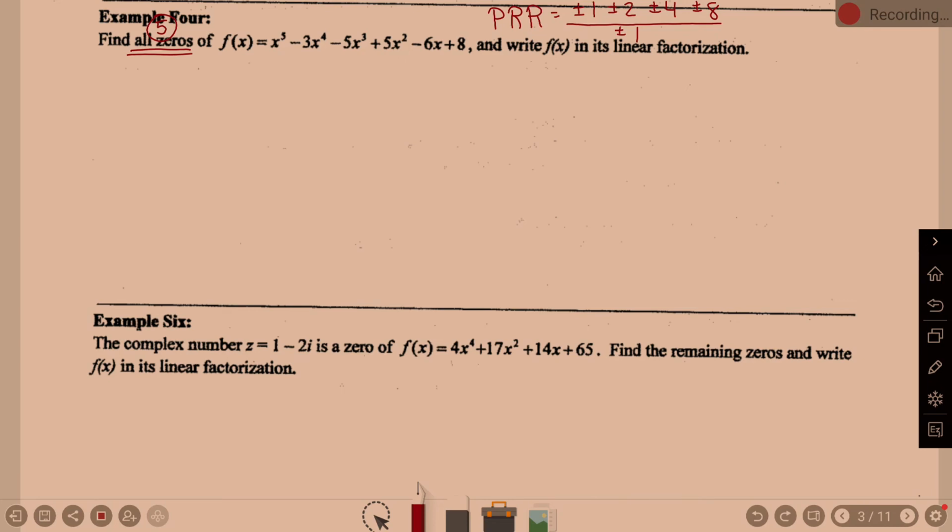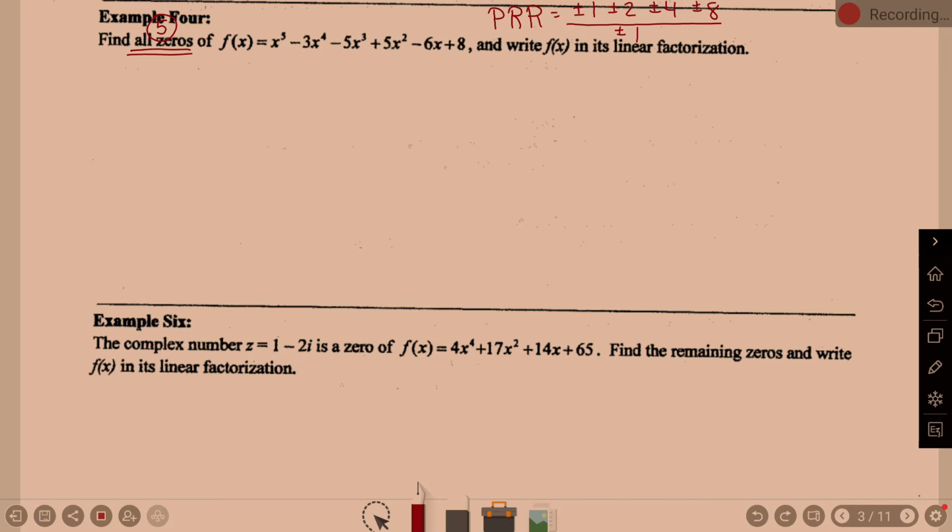What do we do? Synthetic division. Which one should we start with? I see some graphing calculators coming out, because what is my best suggestion here? Graph it and let the graph give you a hint, right?